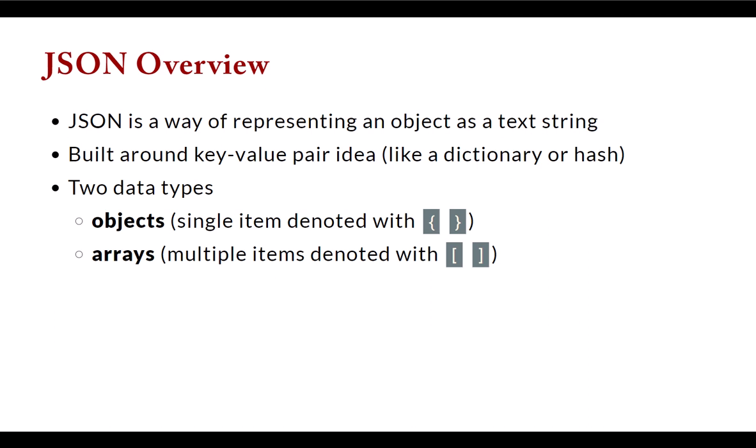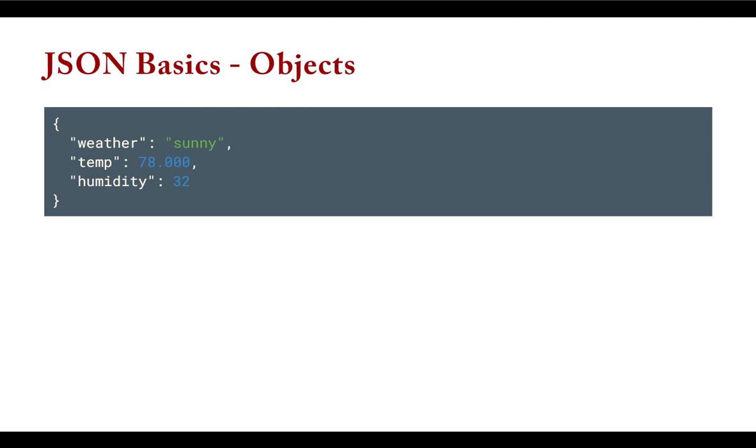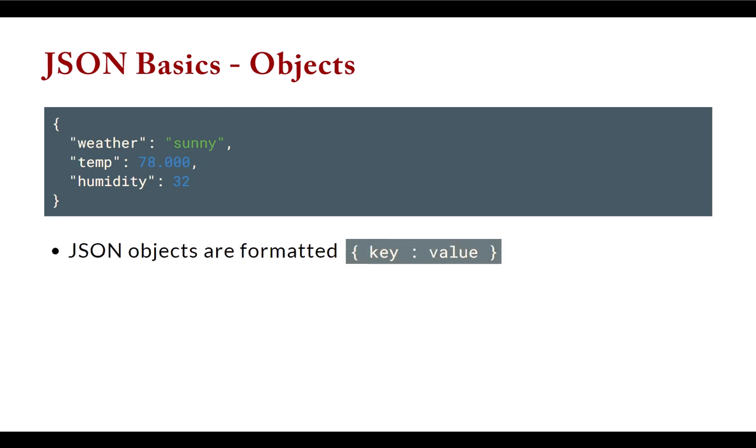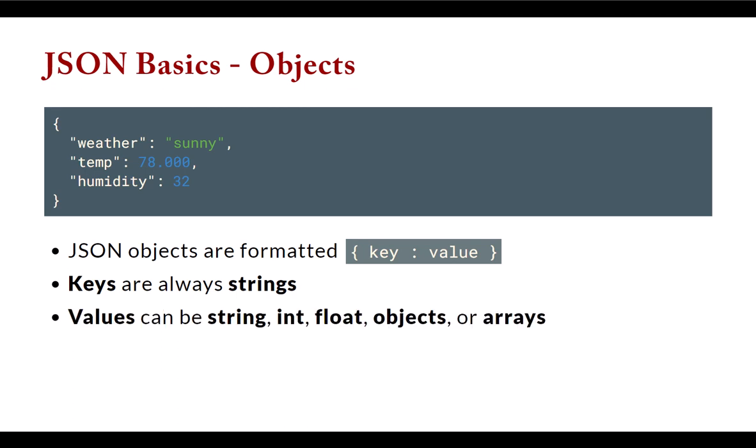Okay, so what does this actually look like? So in this case, we have a JSON object, right? So it's formatted as we're used to, key-value pairs, so key:value. So in this case, keys are always going to be strings, and our values can be string, int, float, other JSON objects, or a JSON array.